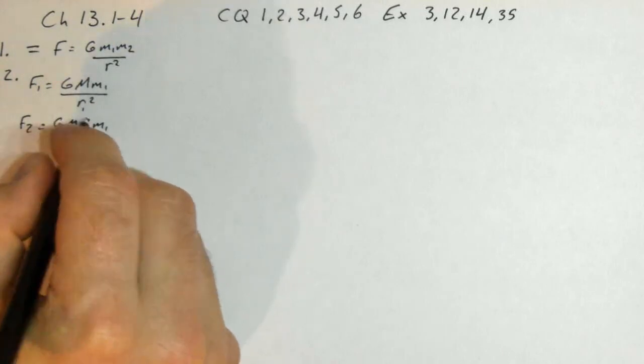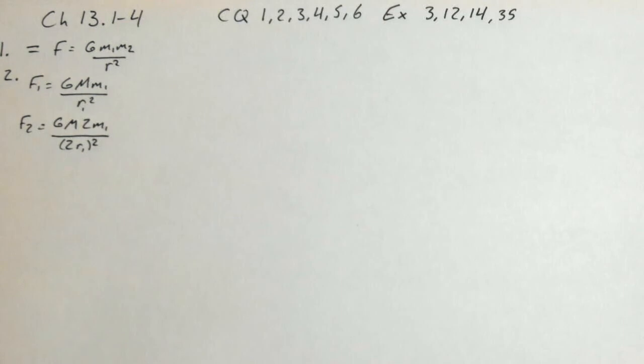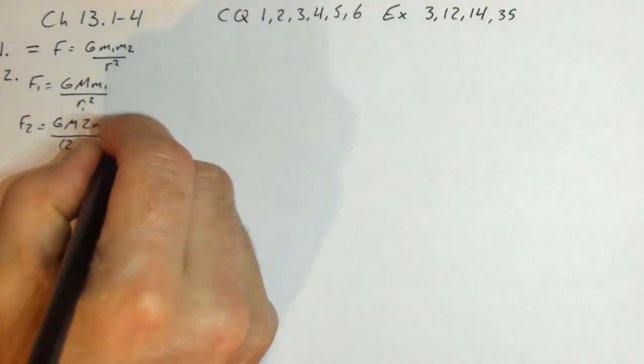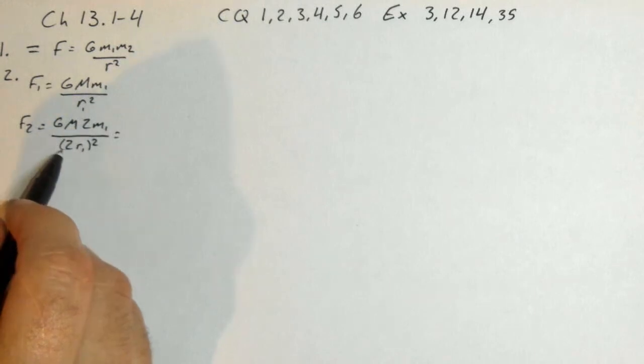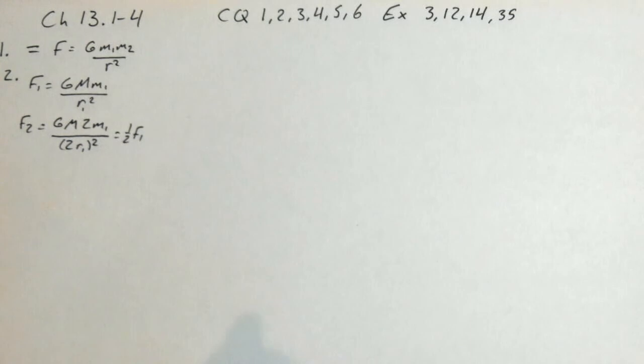And its radius is twice as far, so 2r1, but we have to square that. So we get an overall 2 over 4, or 1/2, so half of F1. Okay, so F1 is twice as big as F2.